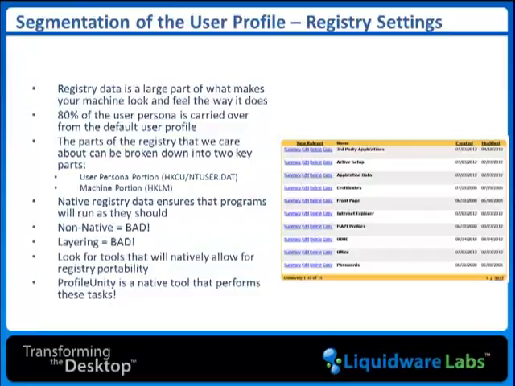And this is actually going to be doubly so for layering because layering is also not native. And this means that any application that is not compatible with this method is going to break. So by keeping things native, we're ensuring that the most amount of applications are going to be compatible with this method. So the idea to remember is look for tools that will natively allow for registry portability. And as it happens, Profile Unity is a native tool that performs these tasks.